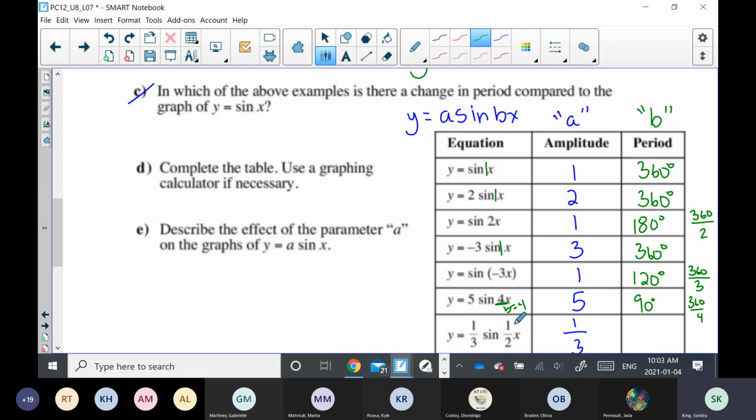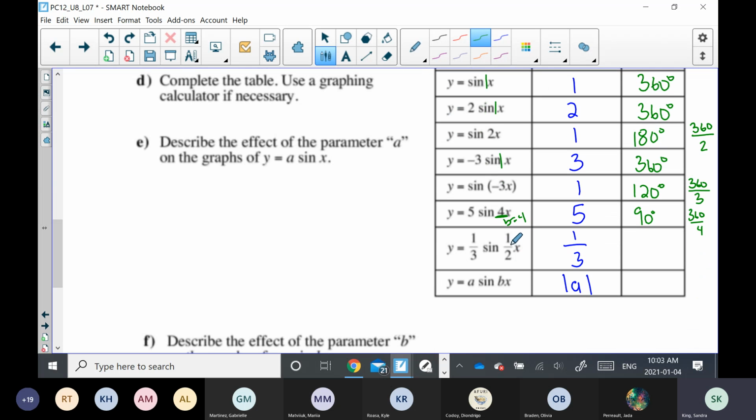Okay, this period would be 360 divided by 1/2, which is the same thing as 360 times 2.